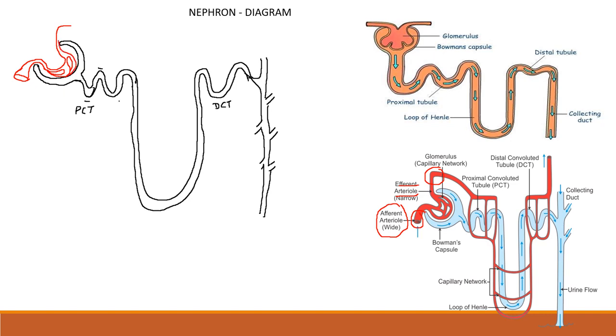And this is becoming narrow while it is coming out from Bowman's capsule. Why is it becoming narrow? So that it can exert pressure on blood, okay? And here you can show the network of these arteries, okay?